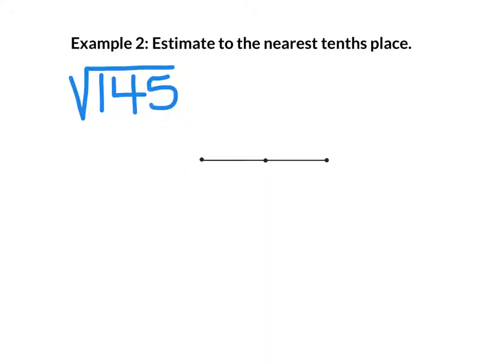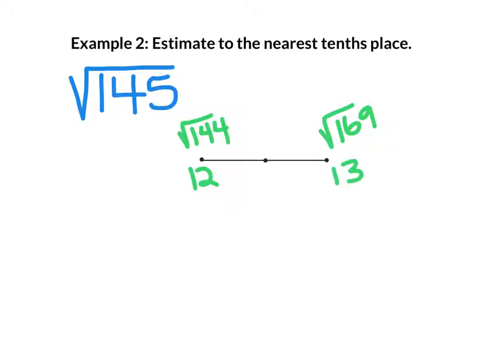Example 2. Estimate the square root of 145 to the nearest tenths place. So 145 falls right after the square root of 144, which is 12. And the next squared number is the square root of 169, which is 13.